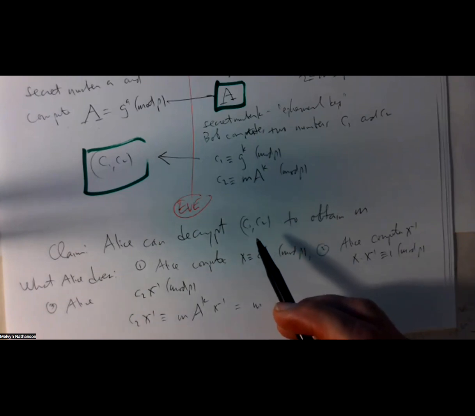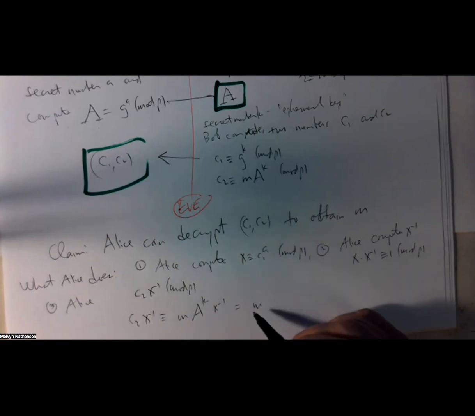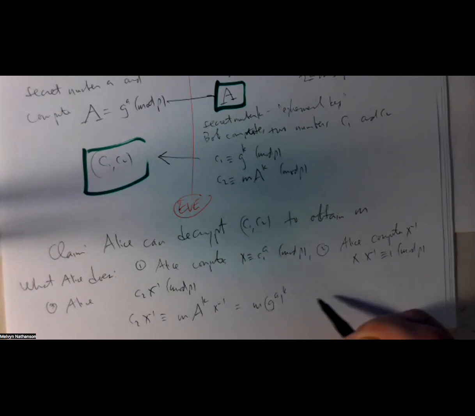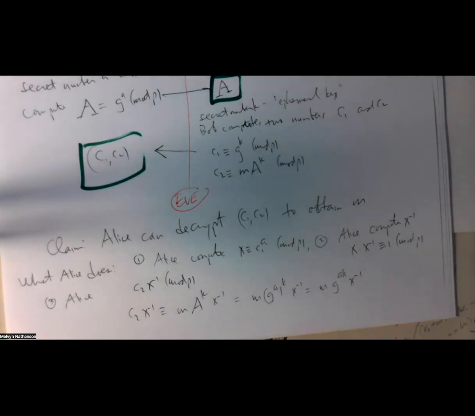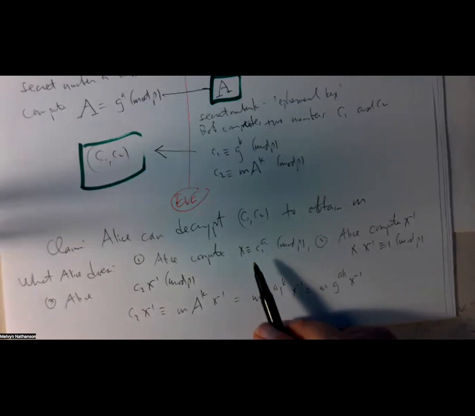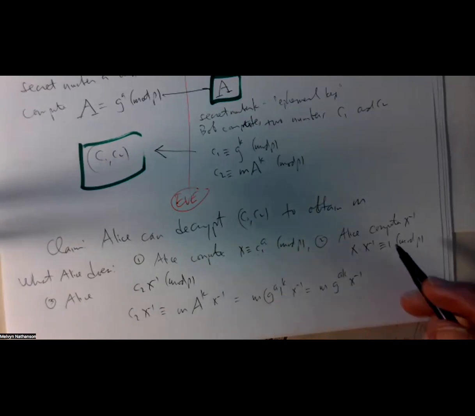What is capital A? A is G to the a, to the K, times X inverse. That's M, G to the aK times X inverse. What is X? X is C1 to the a.